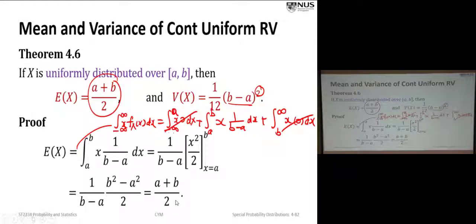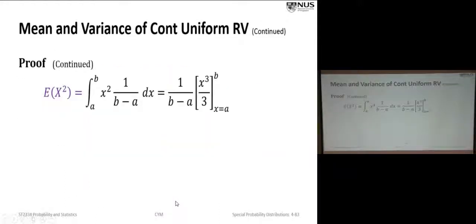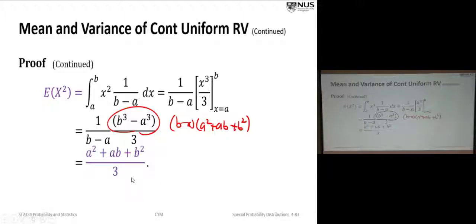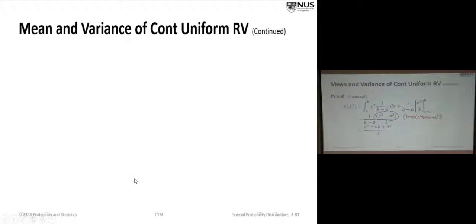To find the variance of x, we find the expectation of x squared first, and it turns out to be 1 over b minus a times b cubed minus a cubed over 3. This can be written as b minus a times a squared plus ab plus b squared, over 3.